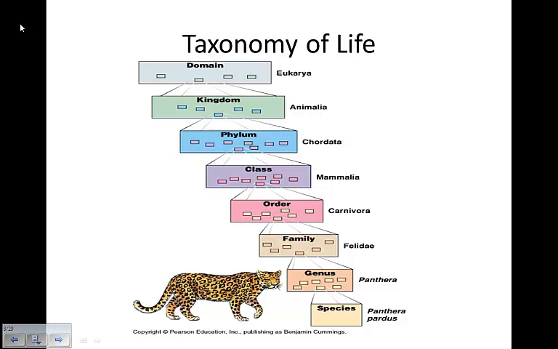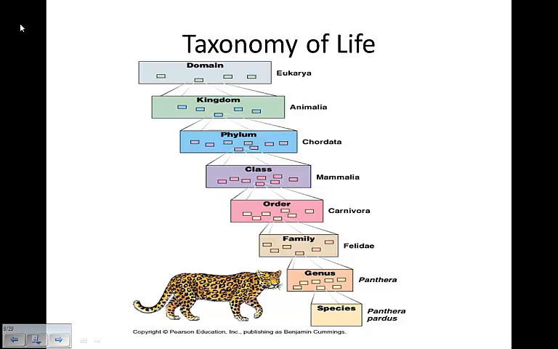All right. The taxonomy, so the current levels, what we call the taxons of classification: we have domain, kingdom, phylum, class, order, family, genus, species. The largest is the domain, and then we break it down all the way to the most specific information, coming from the species.